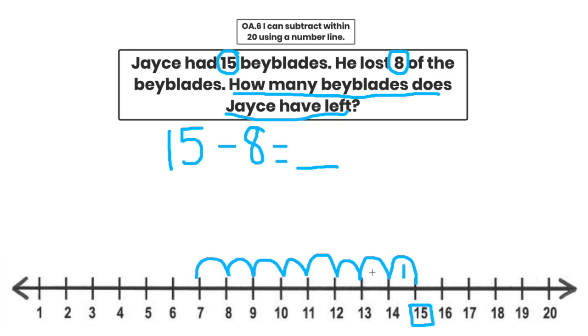So we have 1, 2, 3, 4, 5, 6, 7, 8. So then you would have noticed that you landed on the number 7. So we know that 7 is the difference of 15 and 8, which means that Jayce had 7 Beyblades left.